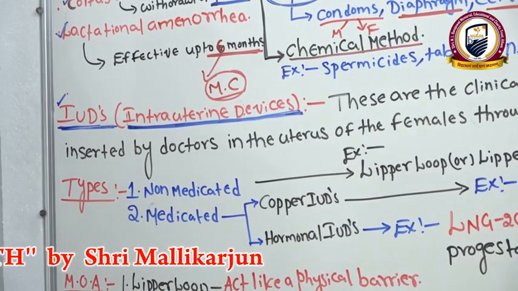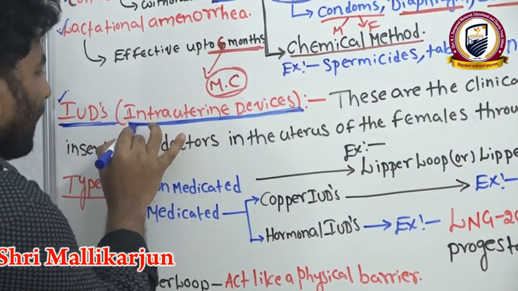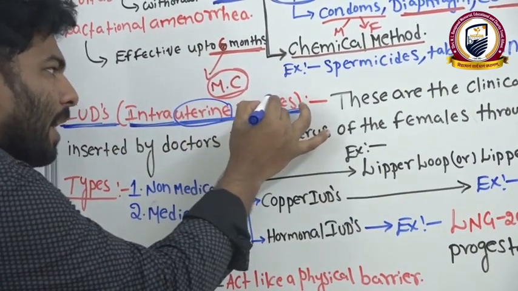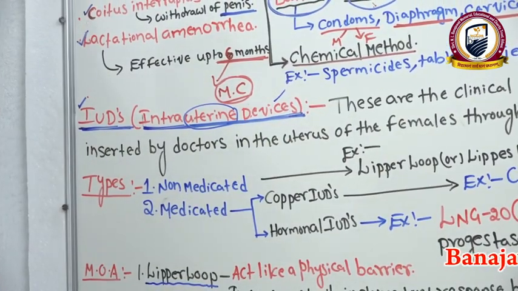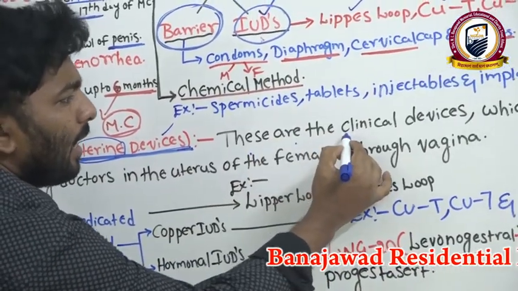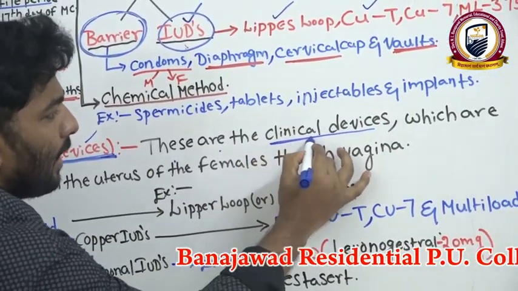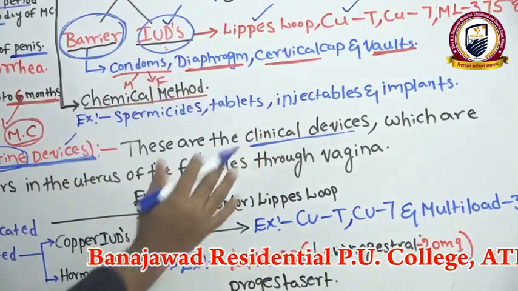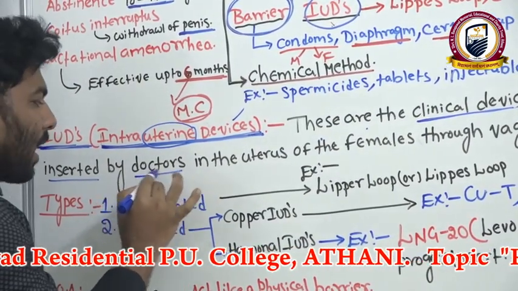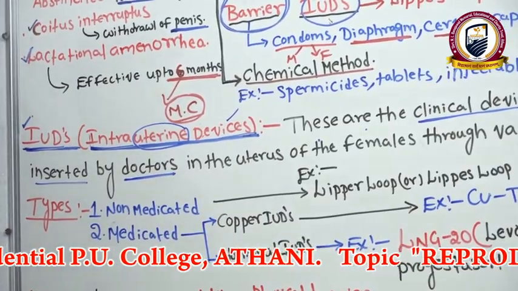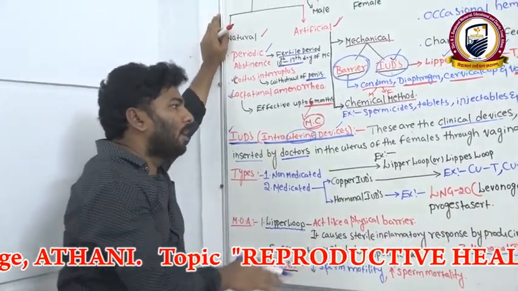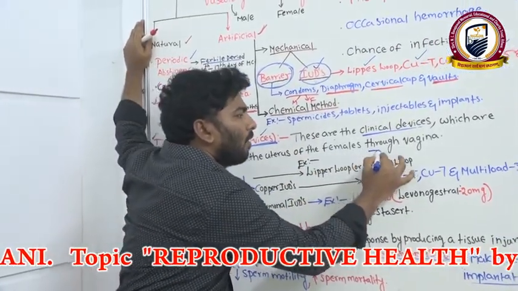What are IUDs? IUDs means intrauterine devices. These are clinical devices which are inserted by doctors or expert nurses into the uterus of the female through the vagina.